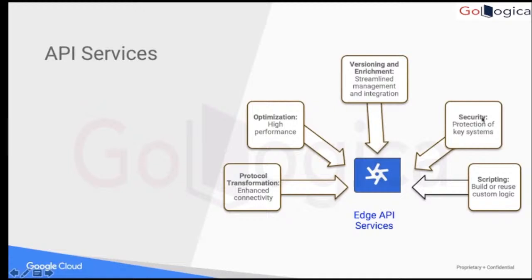And then you have security and protection of the key system. And because no product can provide you all the things in one place, you may want to add some custom coding and programming, so there should be an easy way to integrate. You can add some scripting on top of that. So all these things are there.